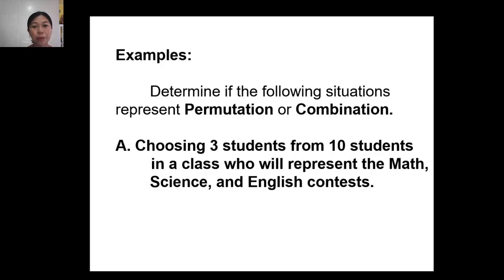So, let's continue. Magbigay tayo ng mga examples on how to determine if the following situations represent permutation or combination. For letter A, it states: choosing 3 students from 10 students in a class who will represent the math, science, and English contest.